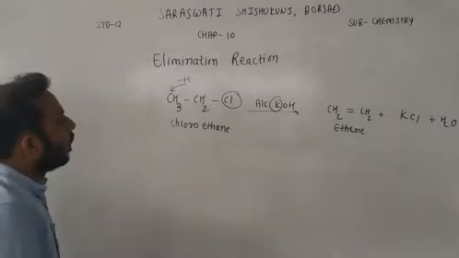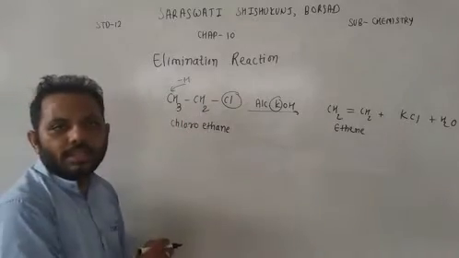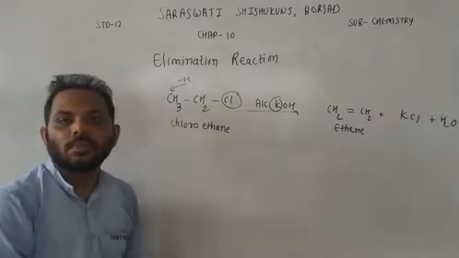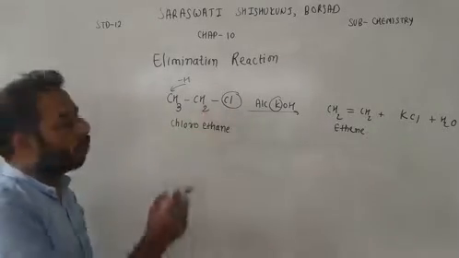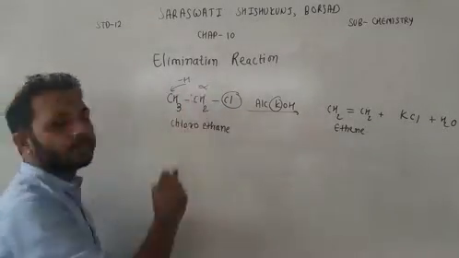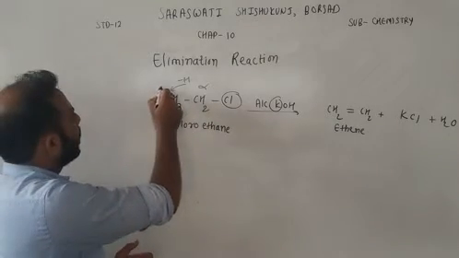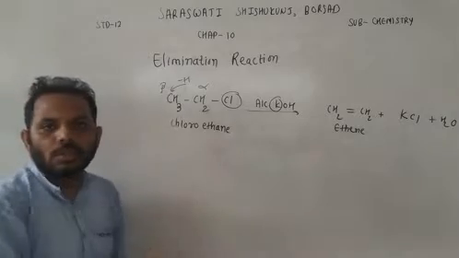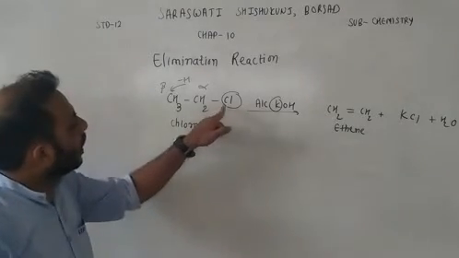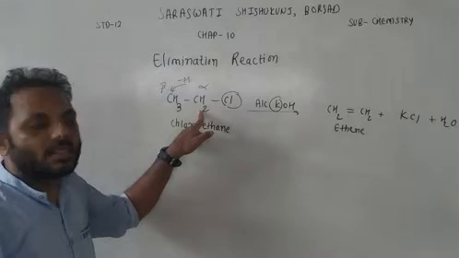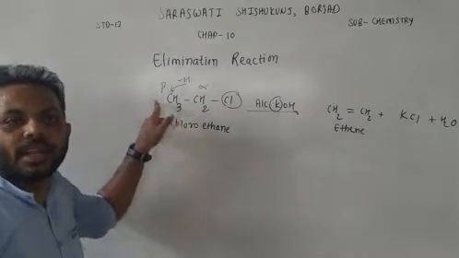Now this carbon, CH2Cl, is attached with halogen, chlorine is attached here. So this is known as alpha carbon. Its neighbor carbon is known as beta carbon. So the halogen-containing carbon is designated as alpha carbon, whereas the neighbor carbon is designated as beta carbon.